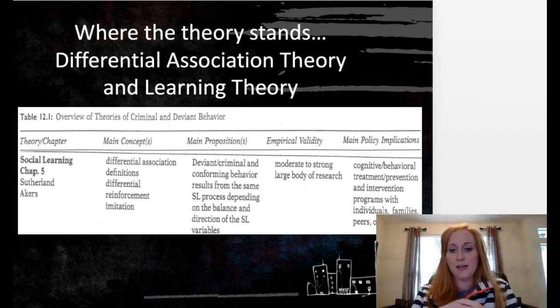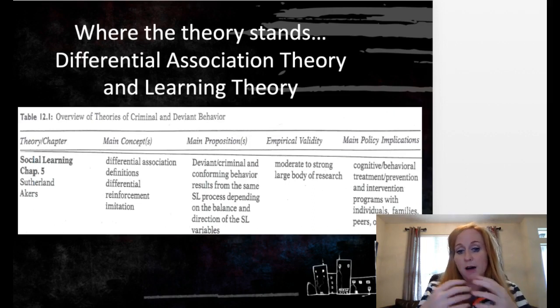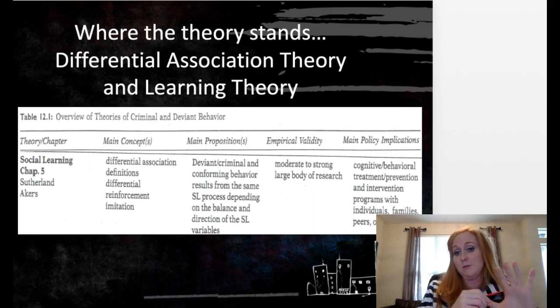They're proposing that you get deviant, criminal, and conforming behavior from a social learning process depending on the balance and direction of what's inside the theory. And the empirical validity is what I want you to pay attention to. Moderate to strong, and a very large body of research that have tested it in different crimes, different contexts, different places, different people over time. So it's a very, very strong theory, and one that I kind of wish Surratt would have used in his book.